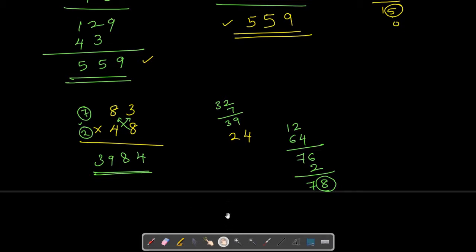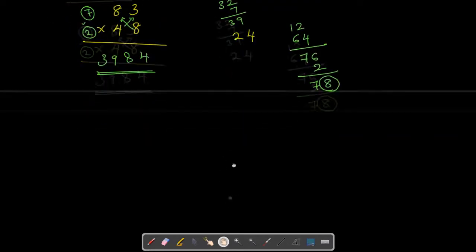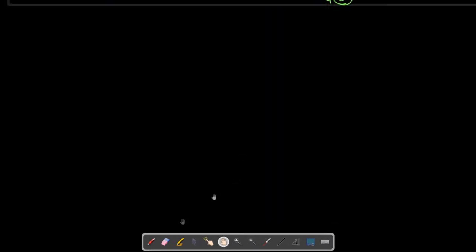Let me solve one more last example based on the same scenario. If I have 98 times 37. First step, I'll be multiplying 8 times 7, which is 56.